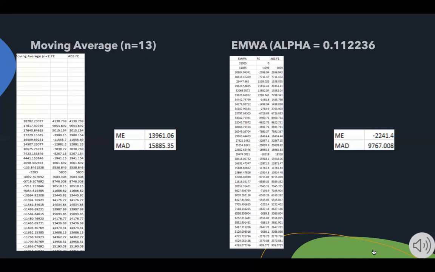In comparison to Holt-Winters method, Holt-Winters does have a better ME and a better MAD than EWMA, which means that Holt-Winters method is the best forecasting method to use for this data, since it is a seasonal pattern.